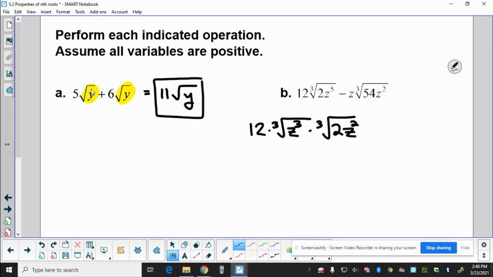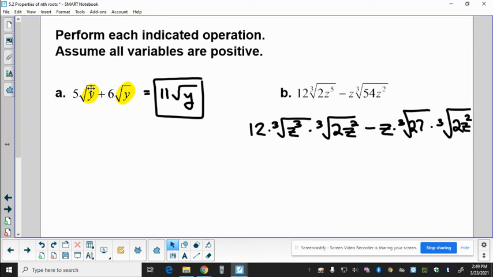And the key is that z cubed is a perfect cube root. Now the next expression, I'm going to do the same thing. 54 is not a perfect cube, but 27 times 2 will work. And z squared is too small to be a perfect cube root.